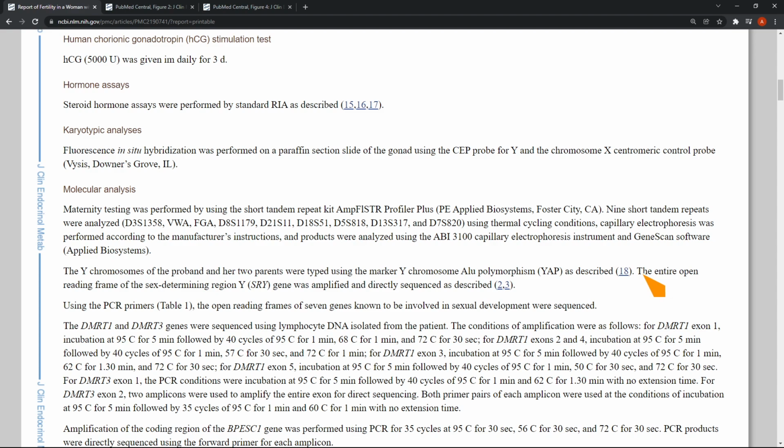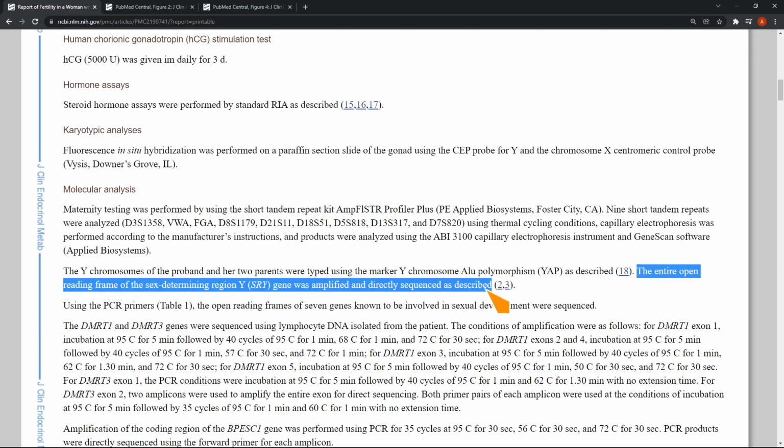Running this test between the mother and father, who are both known to be the biological mother and father, I don't think is heard of. I don't think this is what we normally do, but they did it, and the entire open reading frame of the sex determining region SRY gene was amplified and directly sequenced as described.